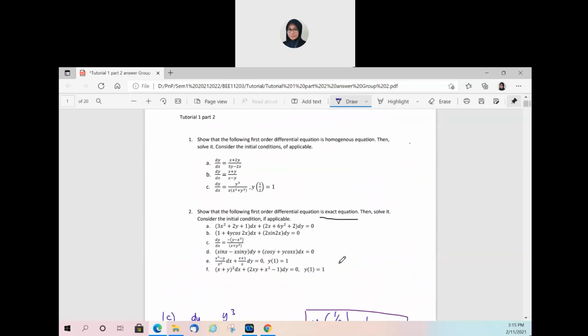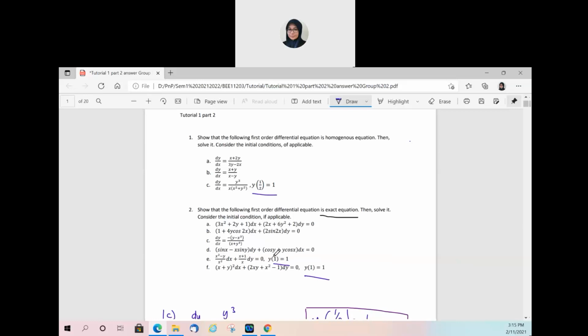Ingat, kalau diberi macam ni, you kena cari dia punya c, constant dia. Kalau dia tak bagi initial condition, awak tinggalkan nilai c tu macam tu je lah.